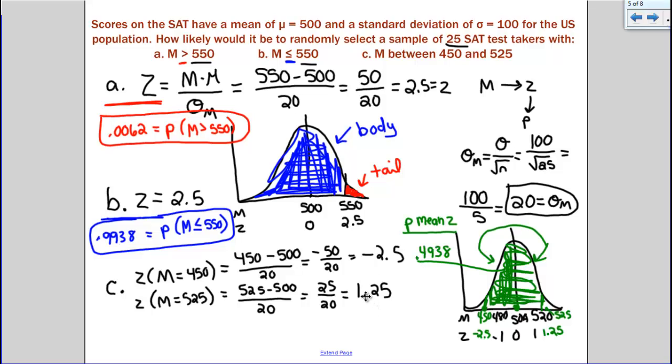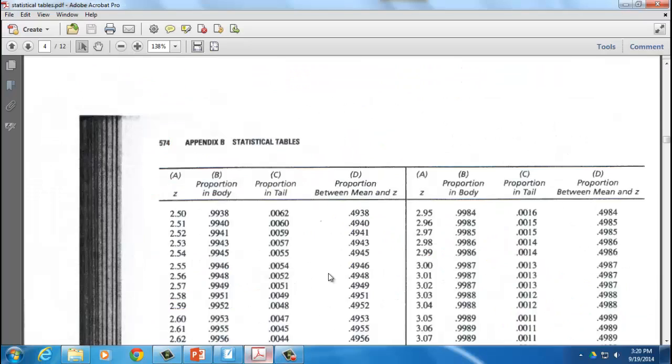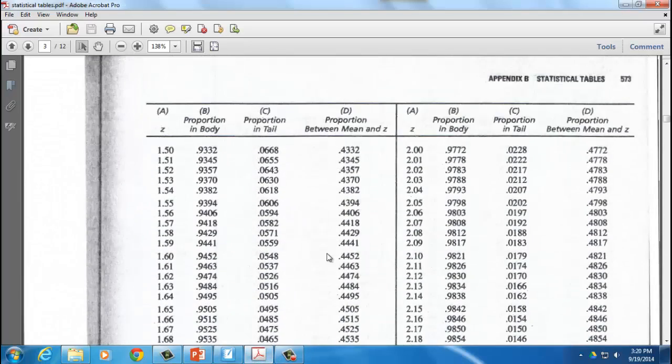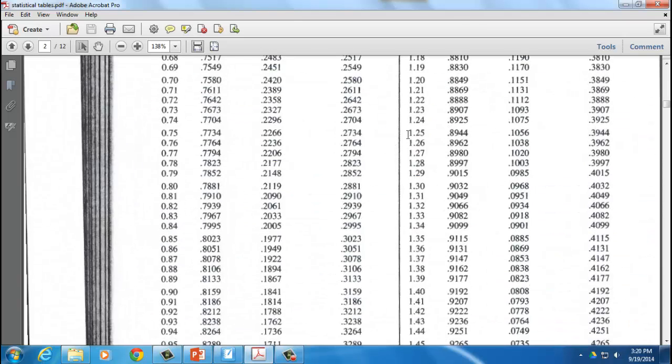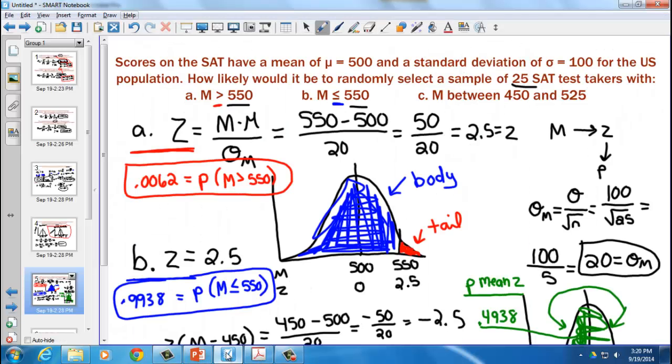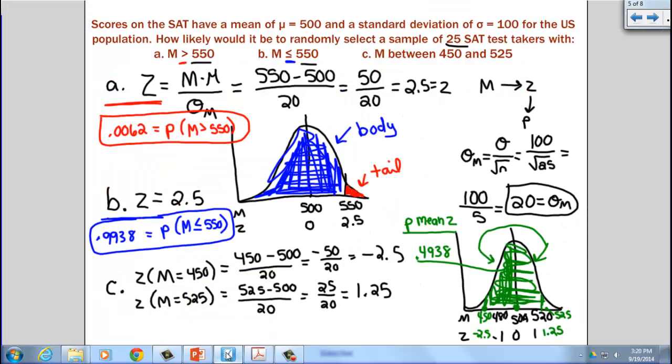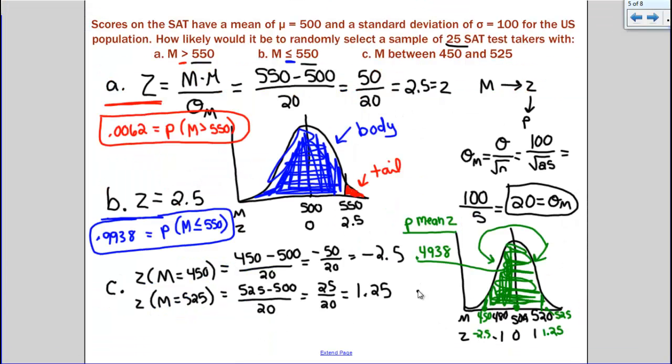Now let's figure out the proportion between mean and z for a z-score of 1.25. All right. 1.25, mean to z, 0.3944.